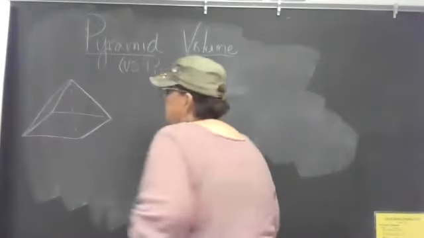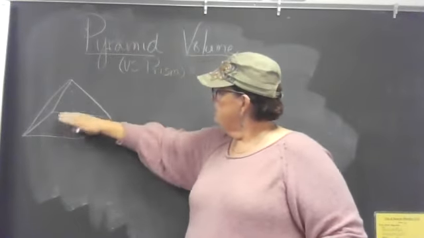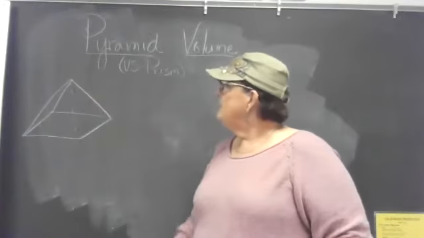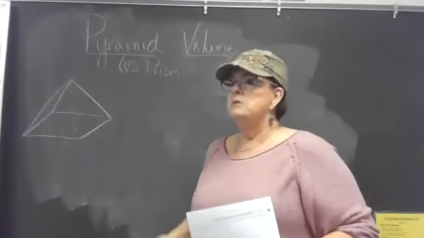Here we go. Rectangular pyramid. Notice that we have one base and all the sides come up to a point at the top. And you can remember pyramids, I mean, they look like the Egyptian pyramids.